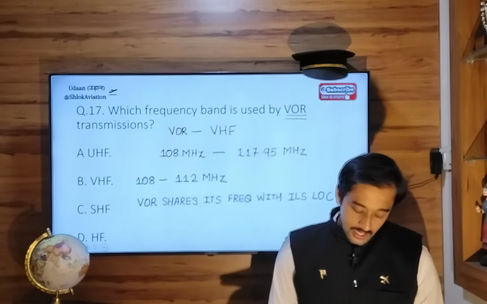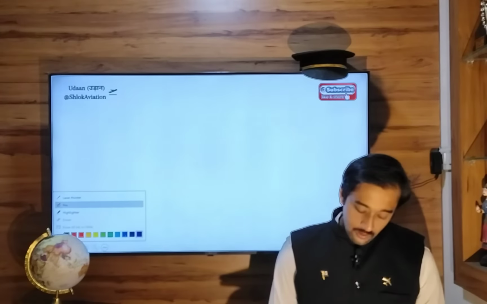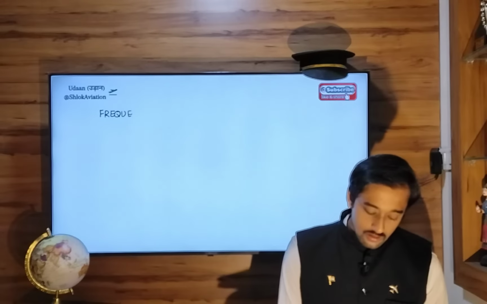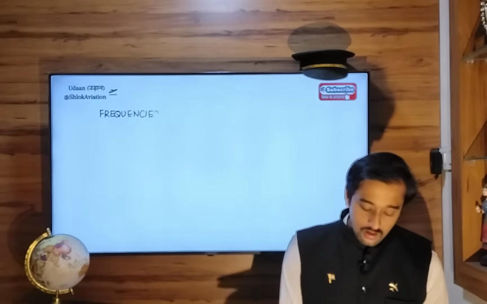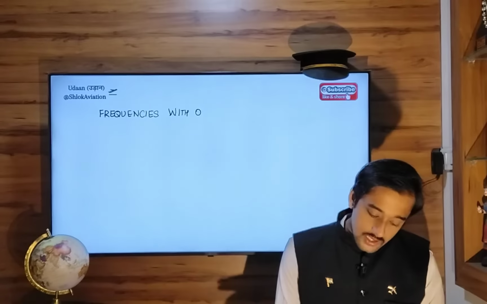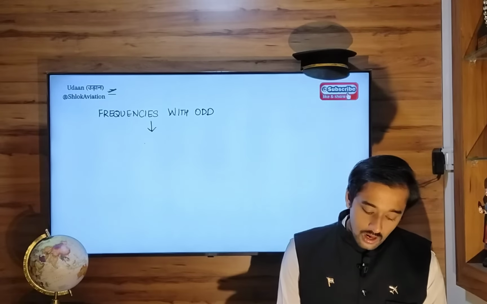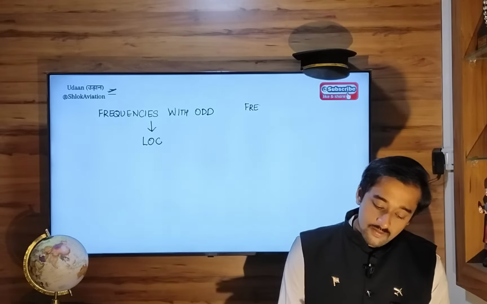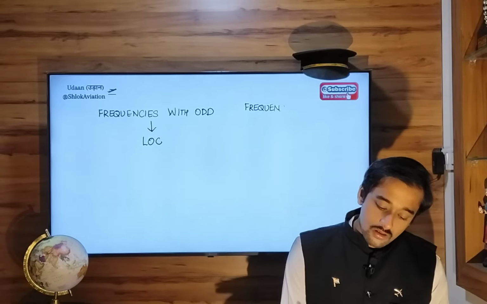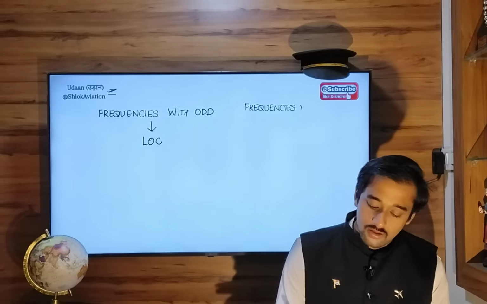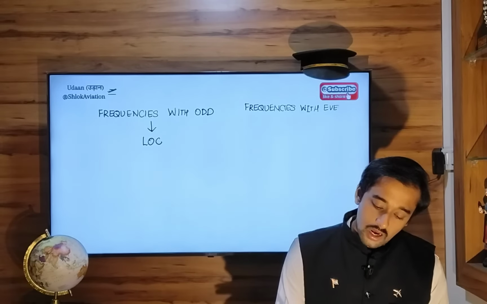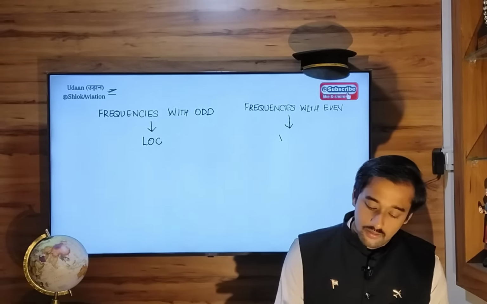So how does that sharing happen? The frequencies with odd decimals are meant for the localizer. Frequencies with even decimals are meant for VOR.